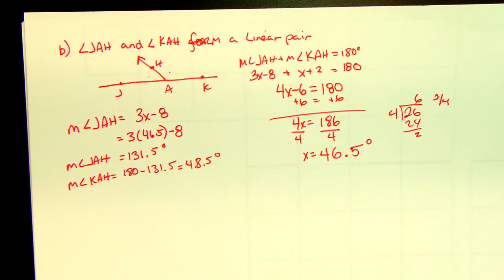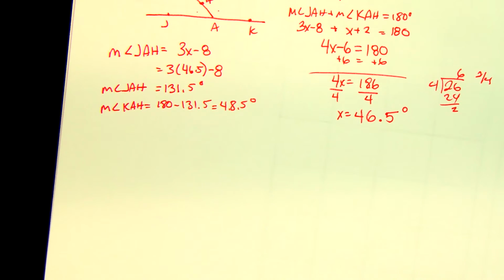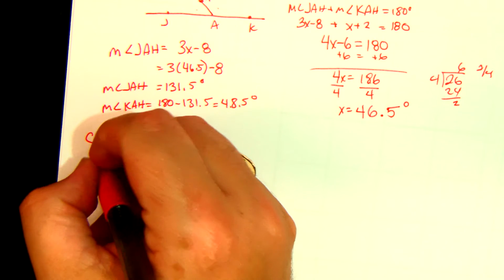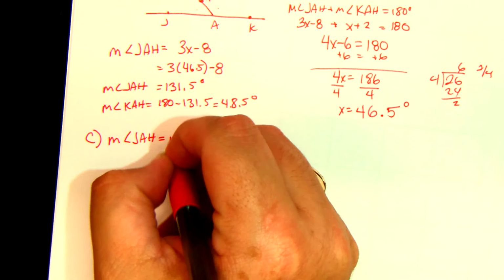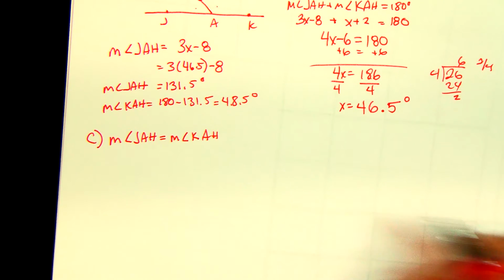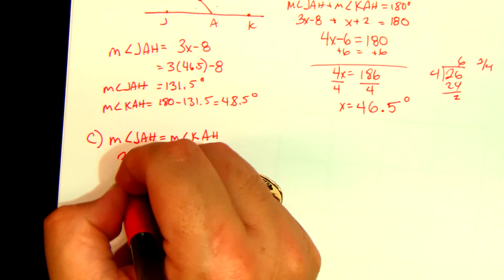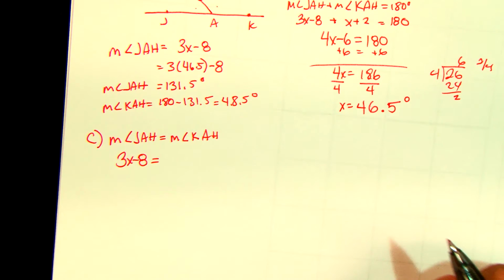And now part C. Part C says the measure of angle JAH is equal to the measure of angle KAH. So at this point, all I have to do is say 3x minus 8 is equal to, what's the other guy? x plus 2? Alright, now solve for x.